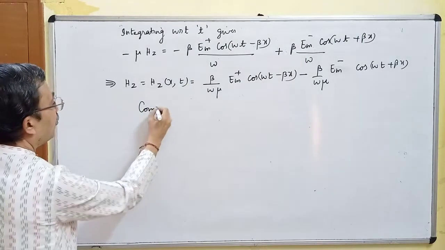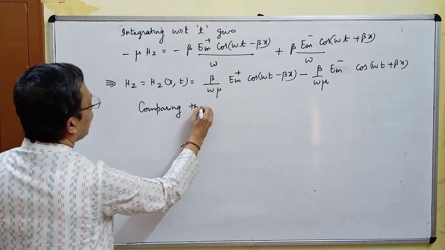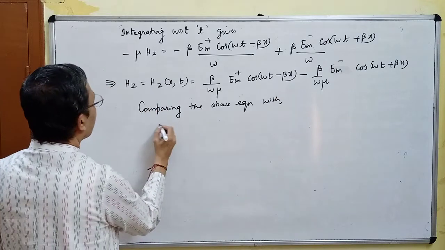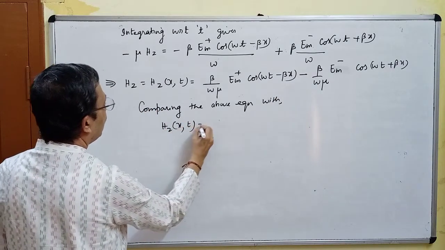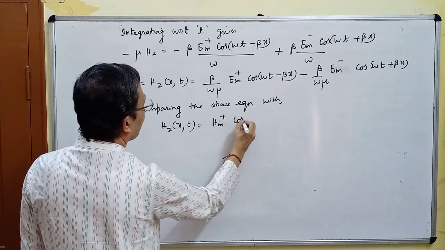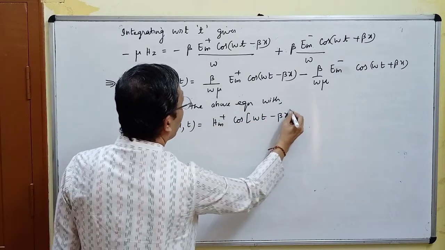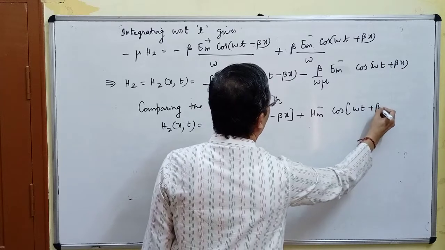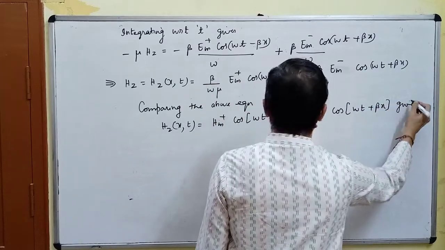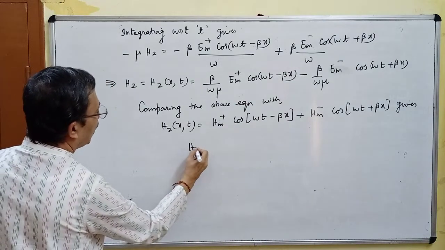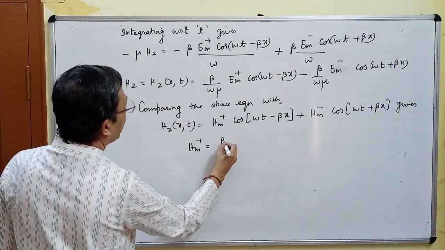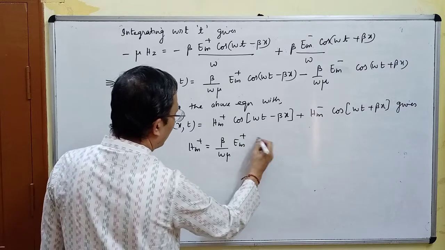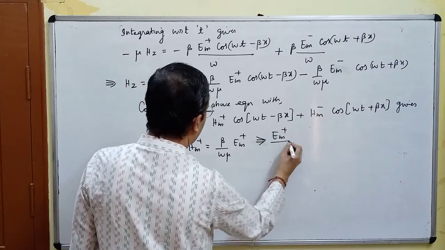Comparing the above equation with Hz, a function of x comma t, is equal to Hm+ cos(ωt − βx) plus Hm− cos(ωt + βx) gives Hm+ is equal to β divided by ωμ into Em+, which implies Em+ divided by Hm+.